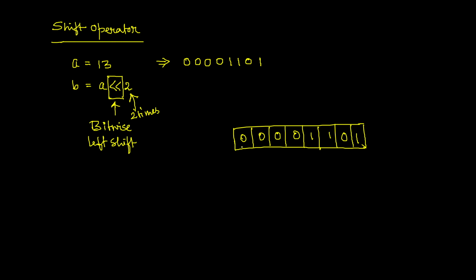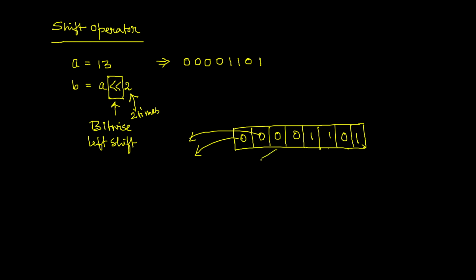2 times means that whatever 1 is present in this position will come here in this part. That means this particular 0 will come out from this position, and even this will come out, because if you go for left shift 2 times, it will come out from these two memory, two tape. What will happen?